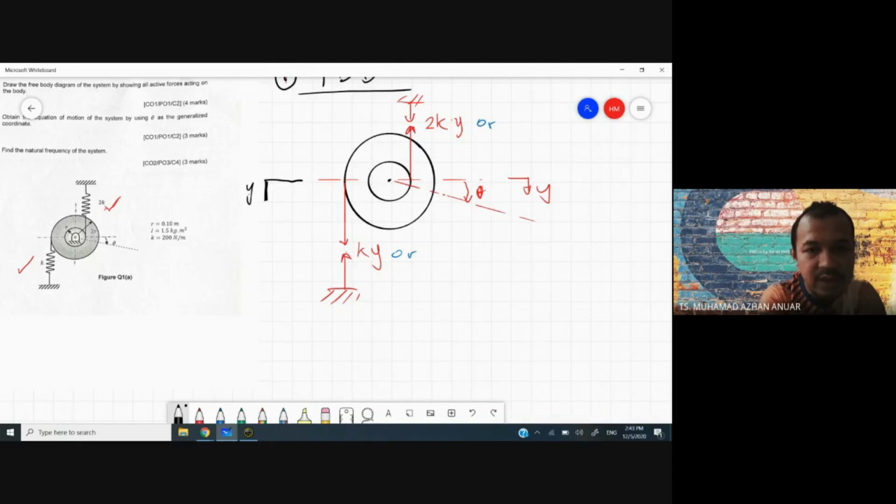So this is the Y. If we look at this triangle, this is going to be theta, and this is going to be your radius, which in this case is 2R, since we have two radii here. So Y in this case is equal to 2R theta.